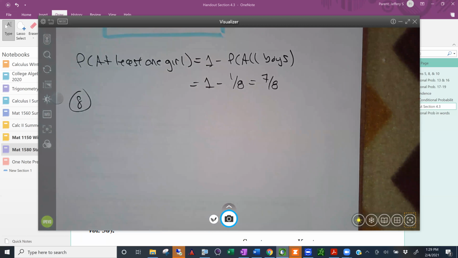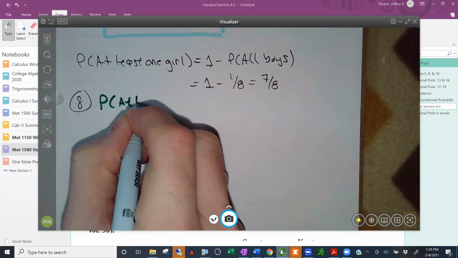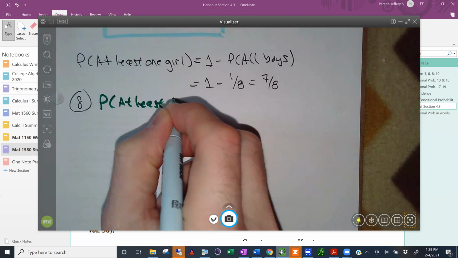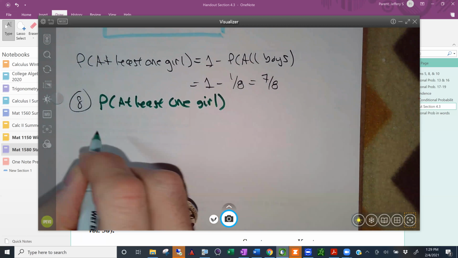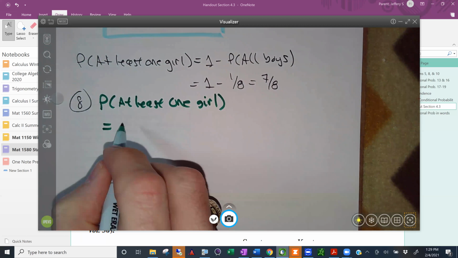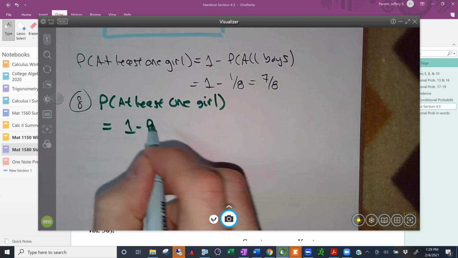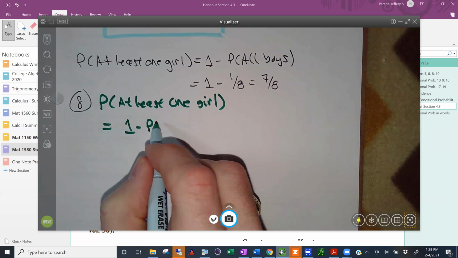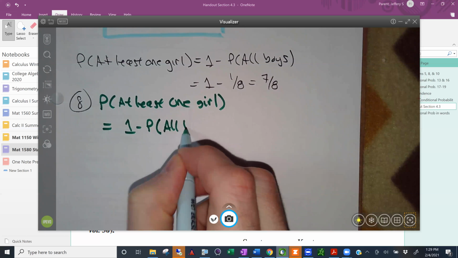But I still want the probability of at least one girl. When you see that, start thinking of the complementation rule. Probability of at least one girl is going to be 1 minus the probability of all boys.